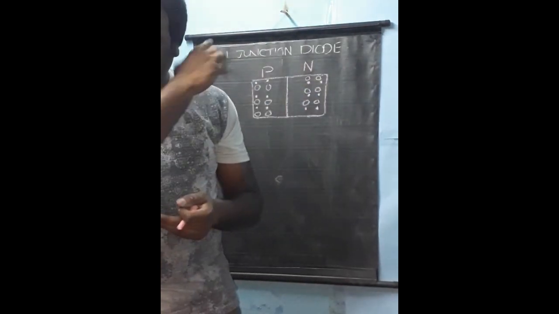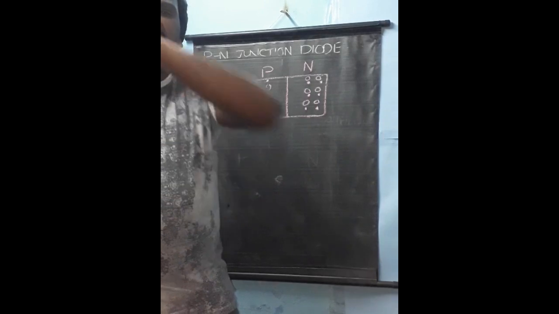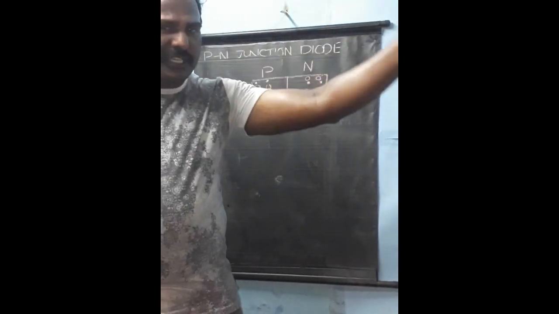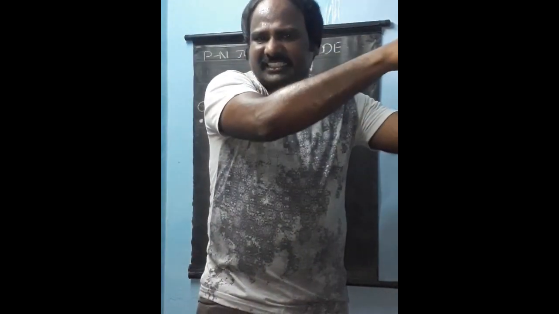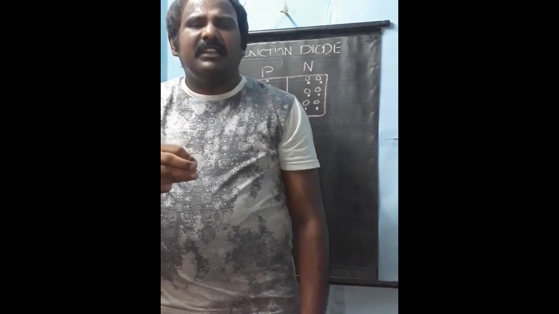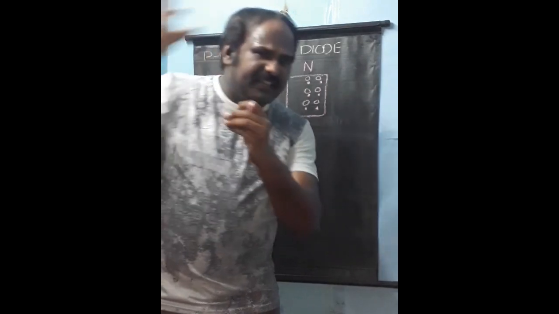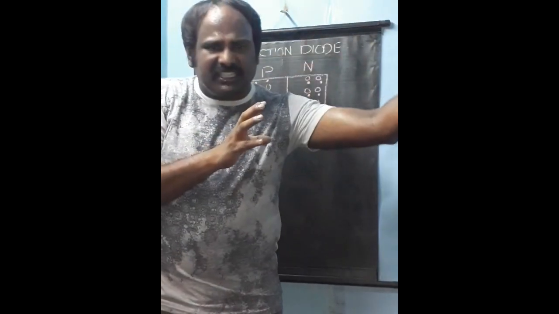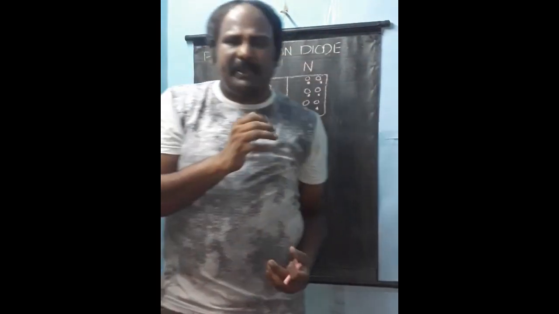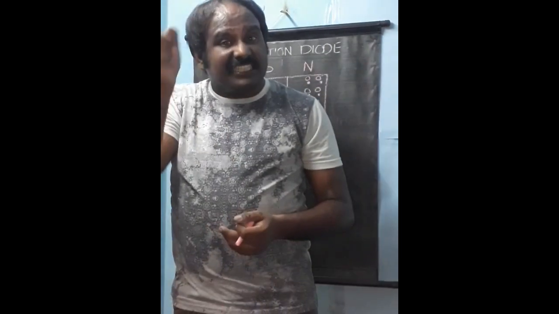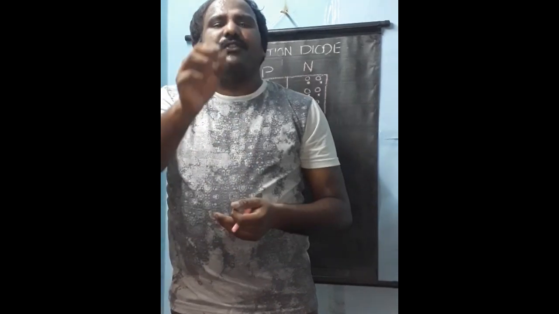But these are charge carriers, so holes from P diffuse into N, and electrons from N diffuse into P. This process is called diffusion, and such current is called diffusion current.